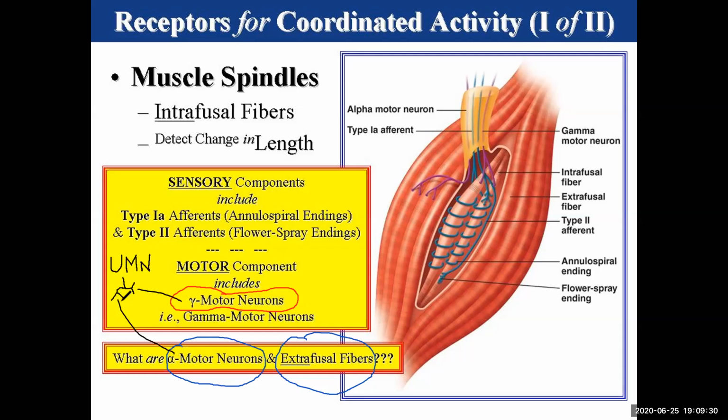So, since the alpha motor neurons have a larger axon diameter, they're going to propagate the action potential faster than the gamma motor neurons. So when the upper motor neuron fires an action potential, sending out a motor command to contract a muscle, the extrafusal fiber always contracts first. Because the gamma motor neuron basically innervates not the extrafusal fiber, they are innervating the intrafusal fiber.